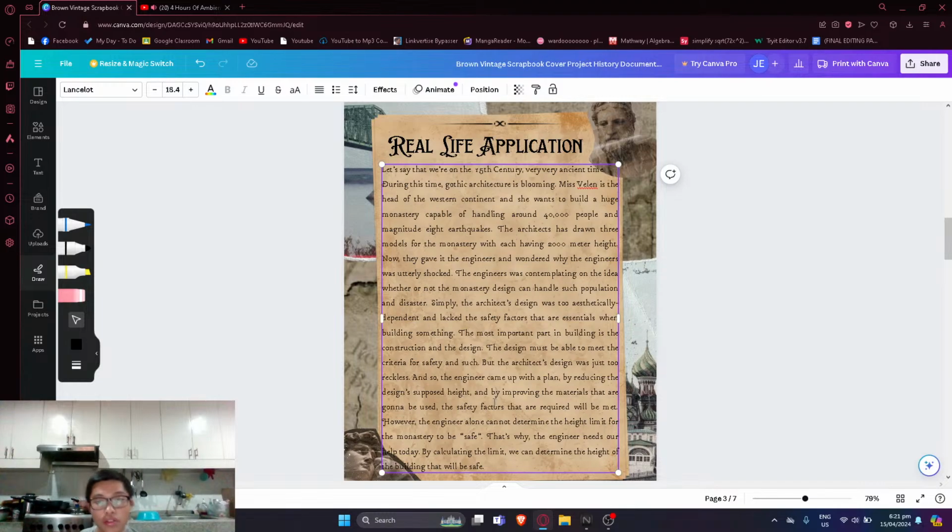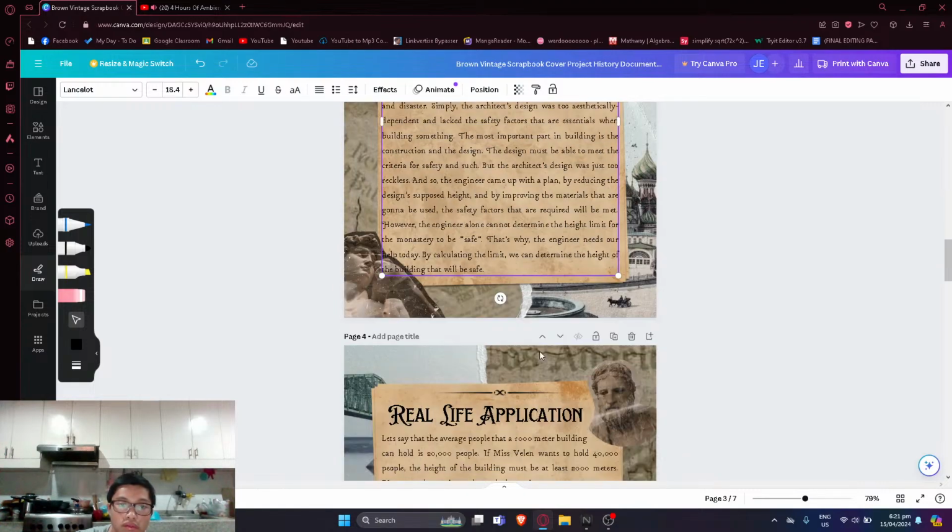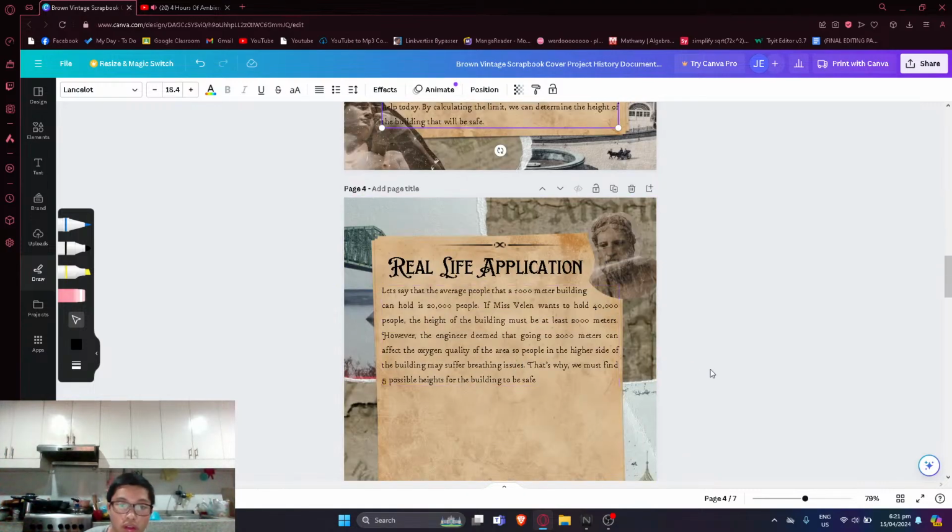However, the engineers alone could not determine the height limit for the monastery to be safe. That's why engineers need our help today. By calculating the limit, we can determine the height of the building that will be safe. Let's say that the average number of people that a 1,000 meter building can hold is 20,000 people.